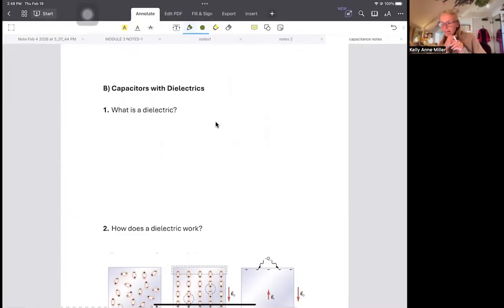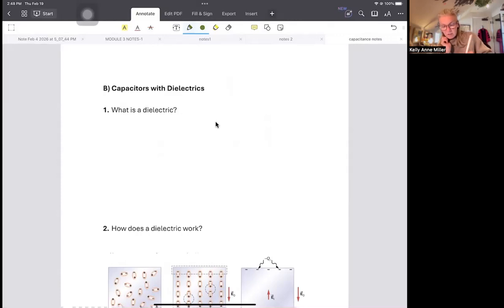Okay, so remember we said before that you can calculate the capacitance of a capacitor just on the basis of the area of the plates and the separation between them, the geometry of the configuration. The other piece of this puzzle is you could also affect the capacitance by whether the capacitor has a dielectric in between the plates or not.